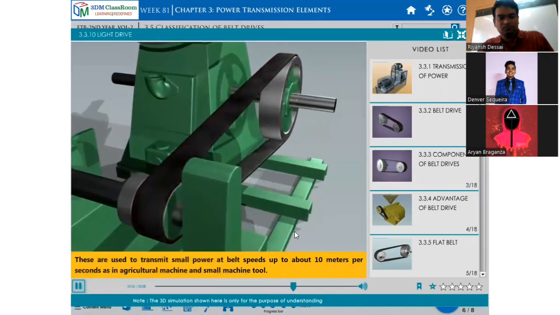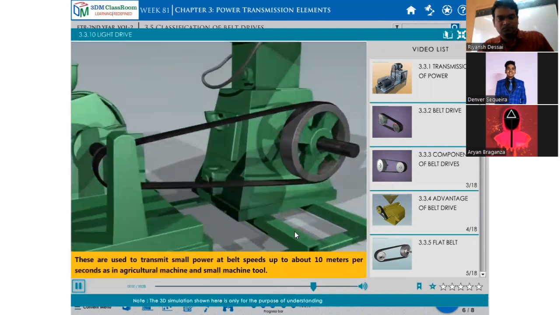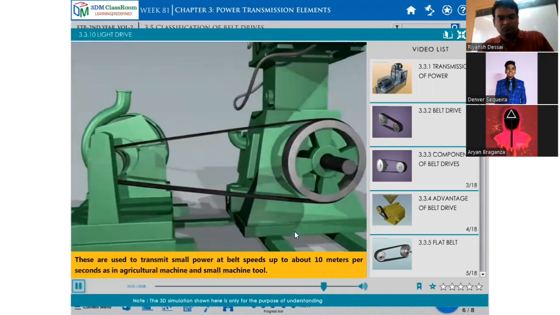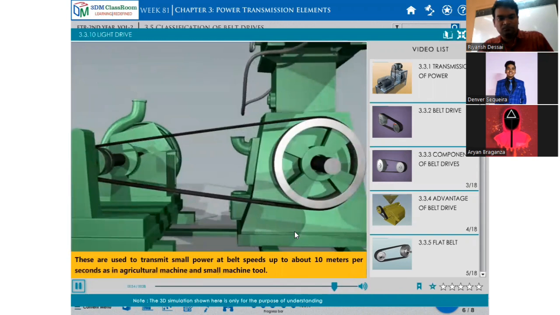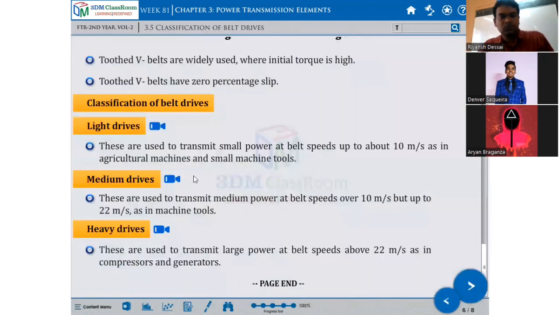These are used to transmit small power at belt speeds up to about 10 meters per second, as in agricultural machines and small machine tools. Medium drives are used to transmit medium power at belt speed over 10 meters per second, but up to 22 meters per second, in machine tools.